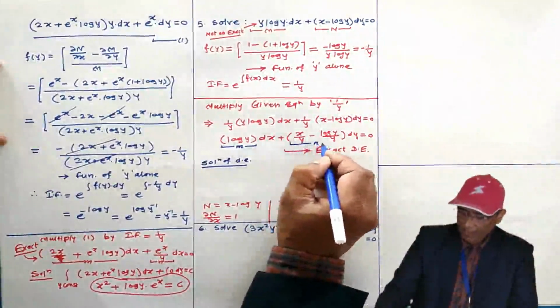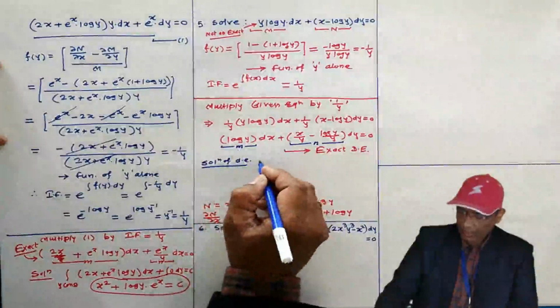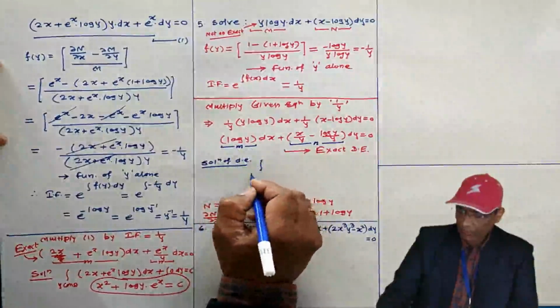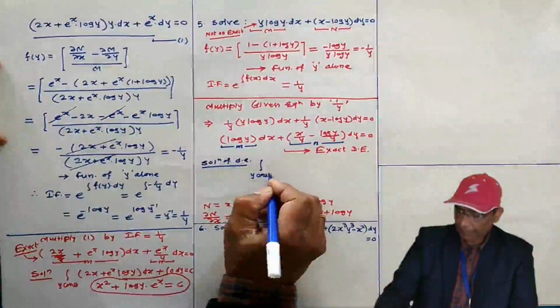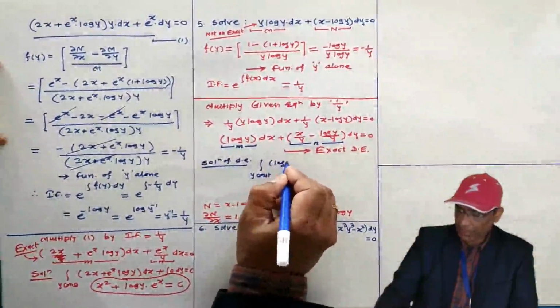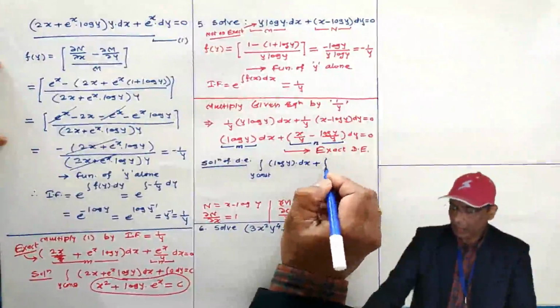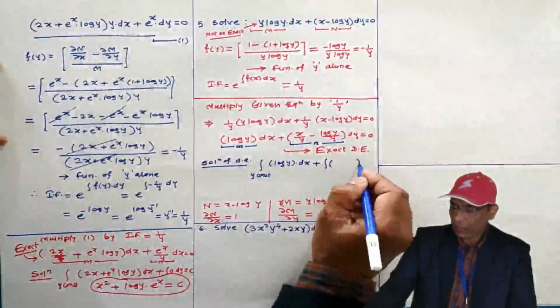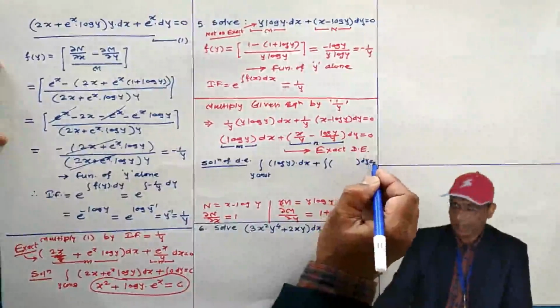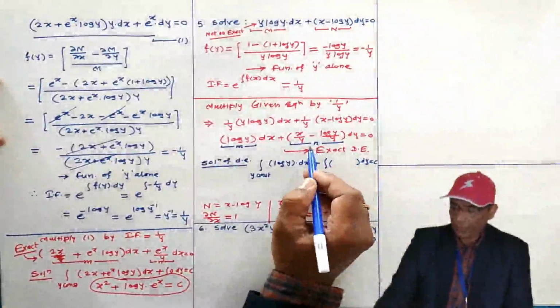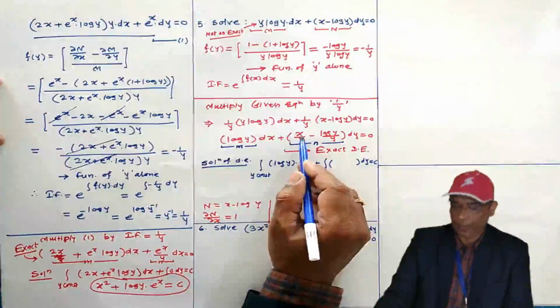Remember, the integral of m with respect to x, plus the terms in n which are free from x. Now n contains two terms, x by y and minus log y by y.